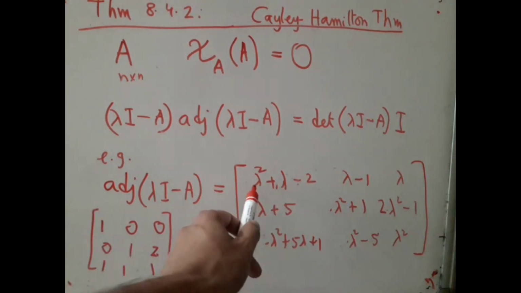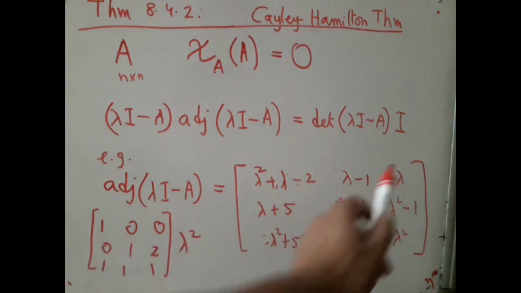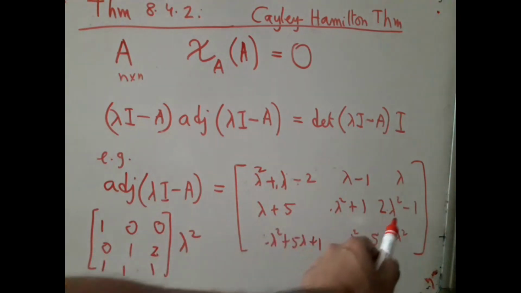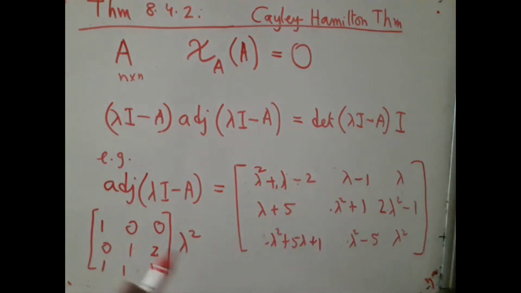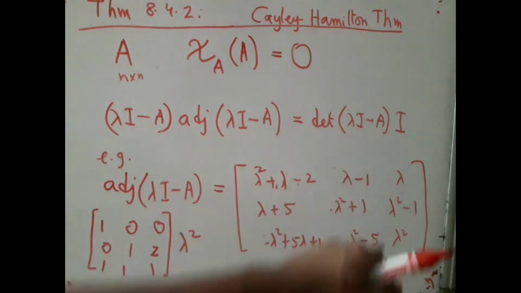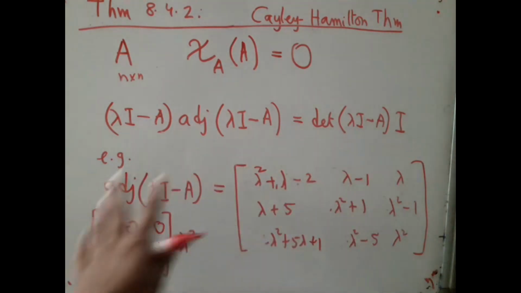So I have a lambda square with coefficient 1, I get this; no lambda square, so I get 0; no lambda square, I get 0; then I have 1 lambda square, I have 2 lambda square. By the way, this is actually not possible because all my things are just lambda minus something. You will never get a coefficient of lambda square other than 1 or 0. So it should be 1. Similarly, this has 1 lambda square, this has 1 and this has another. So it is this matrix times lambda square which captures all the lambda square terms here.